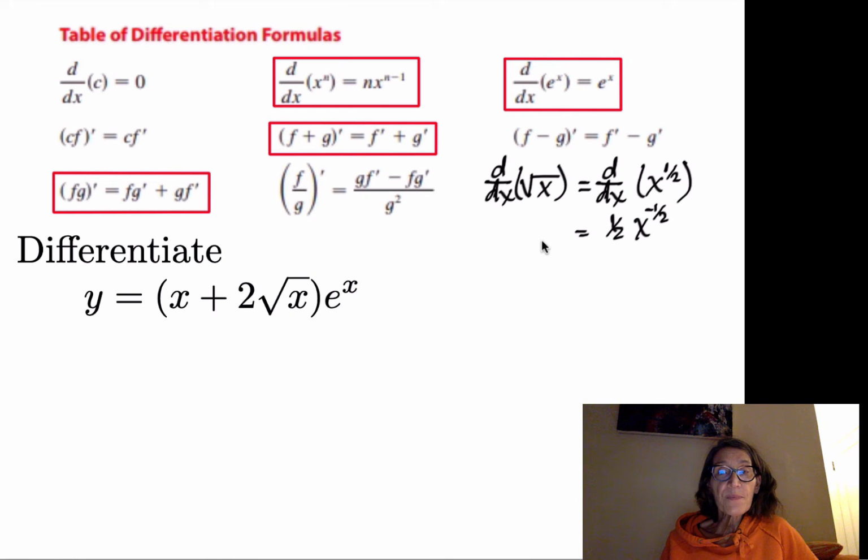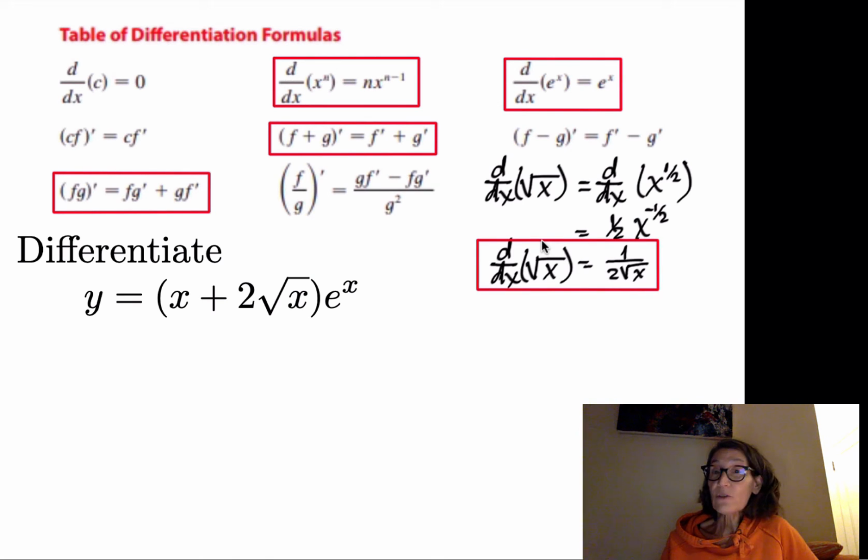And now let's rewrite this in terms of a radical because it was originally a radical function. So we can rewrite it as 1 over 2 times the square root of x. So that's an additional formula. The derivative of the square root of x is equal to 1 over 2 times square root of x. And I believe that one is worth memorizing because it'll come up a lot.